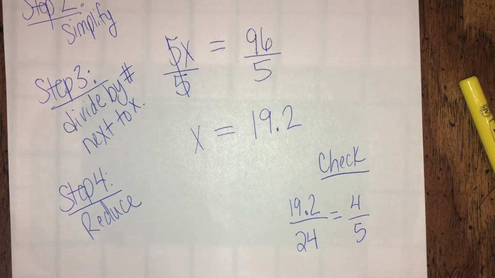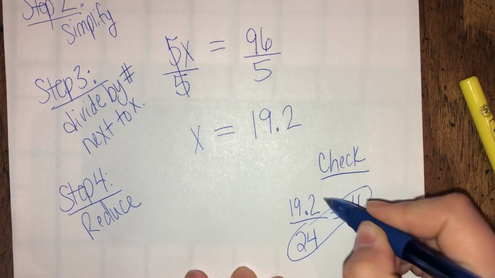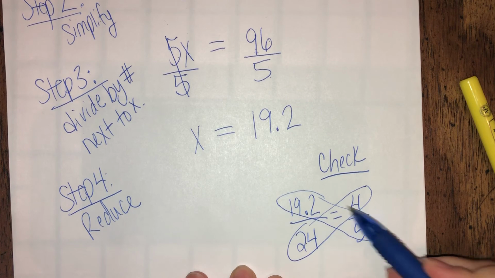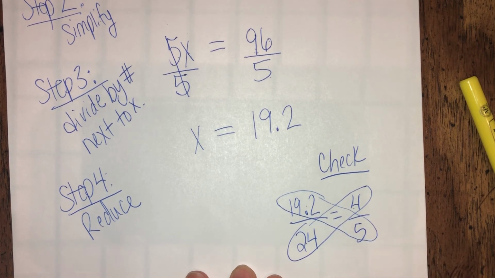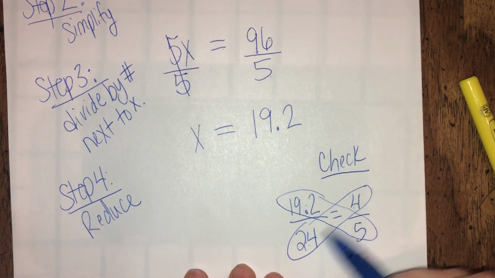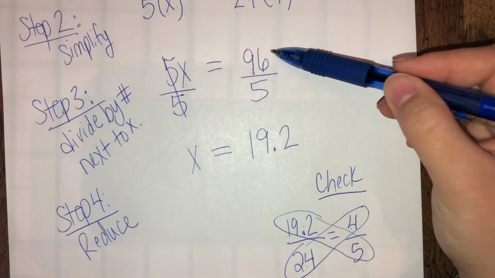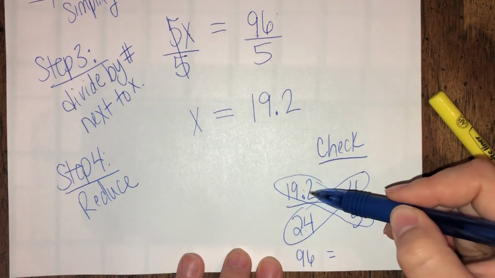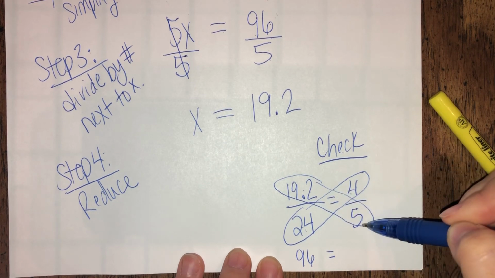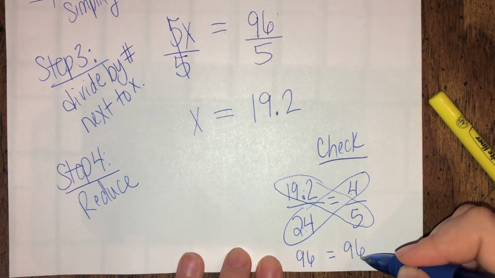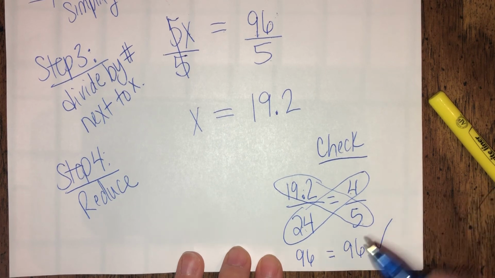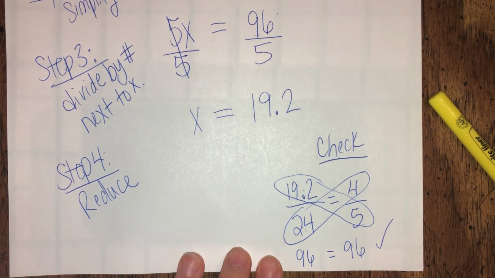And if I did my proportion correctly, I should be able to do cross multiplication, and both of these pieces should equal the same exact number. 24 times 4, we've already practiced that earlier. That was 96. 19.2 times 5 is 96. If they are equal, we have, check, the right answer.